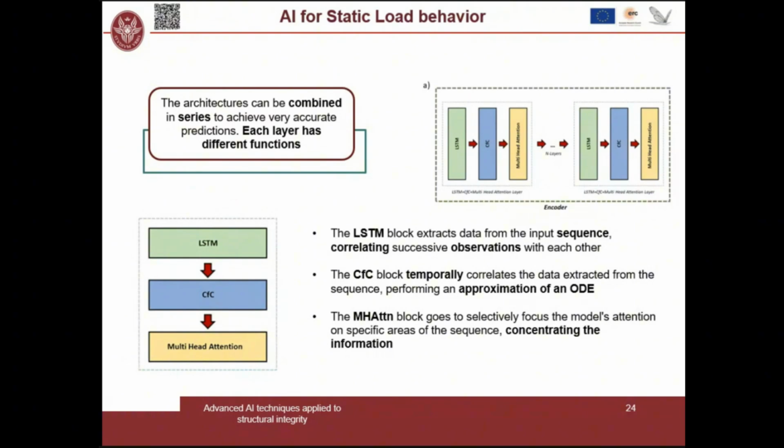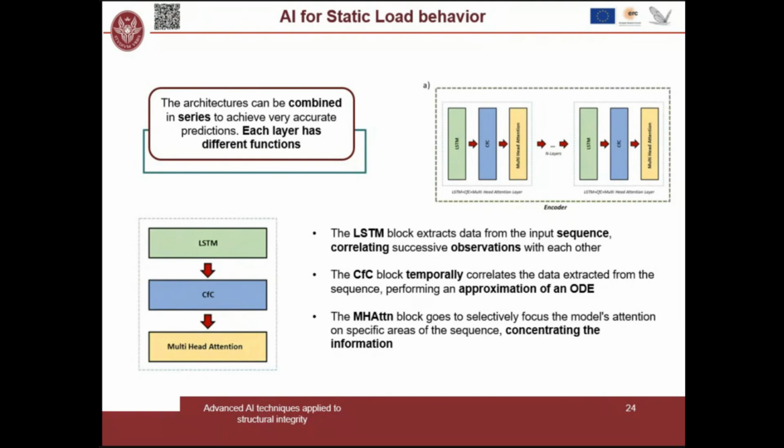The CFC layer technically is also a recurrent neural network, but it's a very special kind of neural network. It's very new. I haven't seen, honestly, any research using that, but I think it's a shame because it's really powerful as a layer, because it does, under the hood, an approximation of an ordinary differential equation.